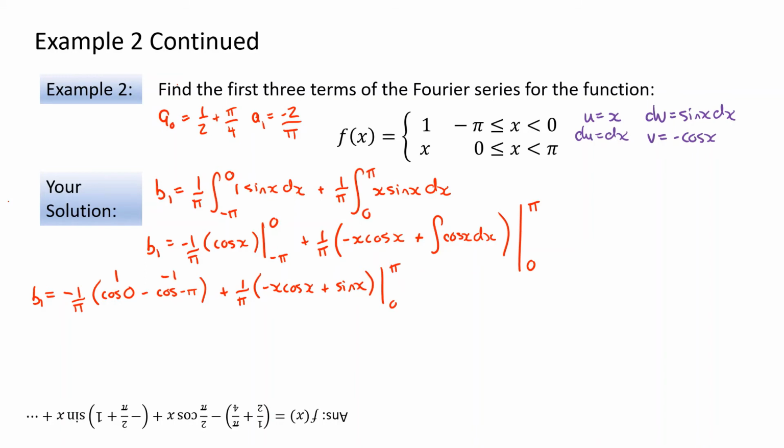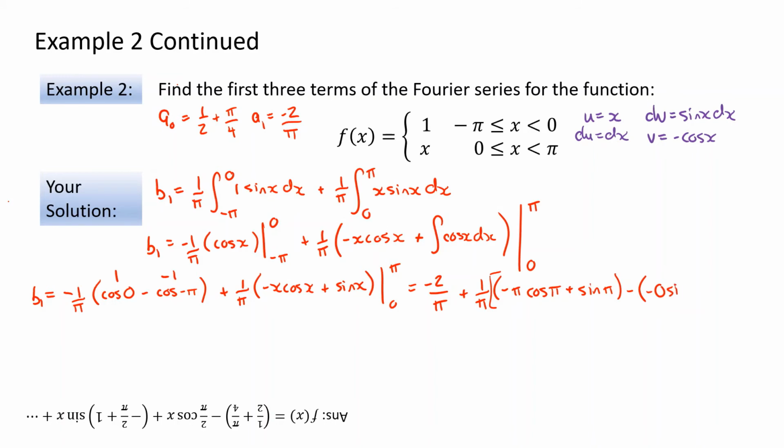So what we have in the first term is 1 minus negative 1, which is 1 plus 1. So we're left with negative 2 divided by pi. In the second term, we have plus 1 over pi times negative pi cosine of pi plus sine of pi. That's the first term. Minus negative 0 times cosine of 0.